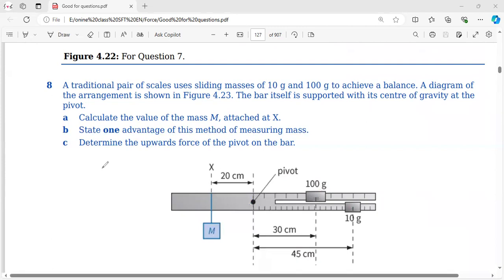Also you can determine the upward force of the pivot on the bar, which means this force, right? Once you find out the x value, you can take this one as a pivot point, then consider this one as R or something, then again do the same procedure.